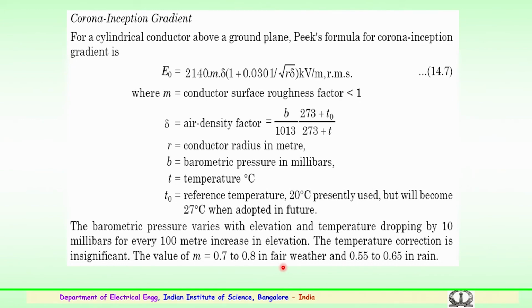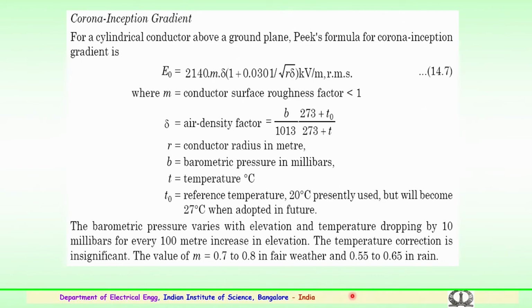So, the value of m, whatever the conductor surface roughness which I was mentioning here, should be less than 1. The value of m is generally chosen to be 0.7 to 0.8 in case of clean weather condition, that is a fair weather, what we call normal condition, no rain, no fog, dry conditions, and it is assumed to be 0.55 to 0.65 in case of fog, rain, or in the foul weather conditions.